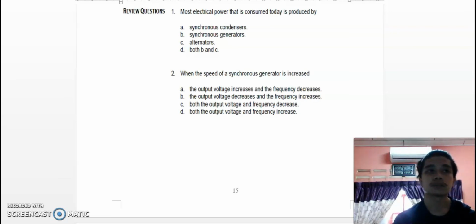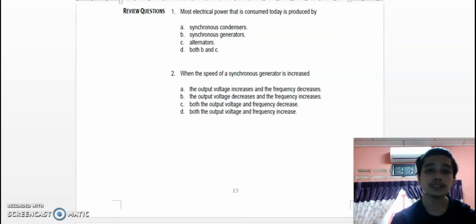So the purpose of a synchronous condenser is not to convert electrical power to mechanical power or vice versa, but to adjust conditions for the electrical transmission grid. So it does not consume too much electrical power.